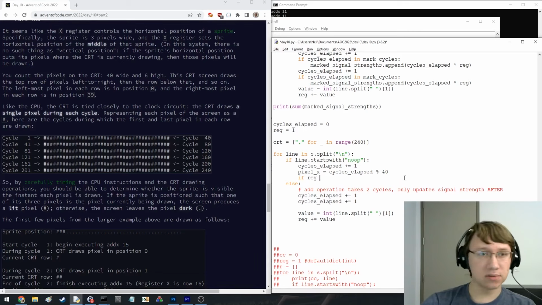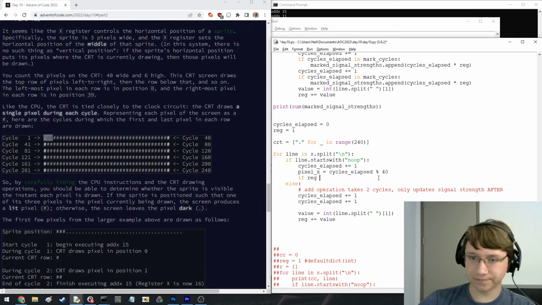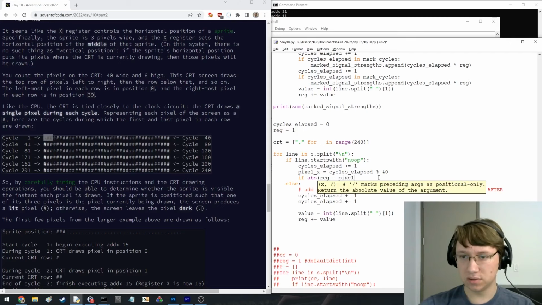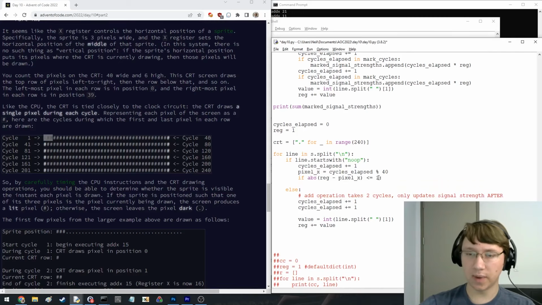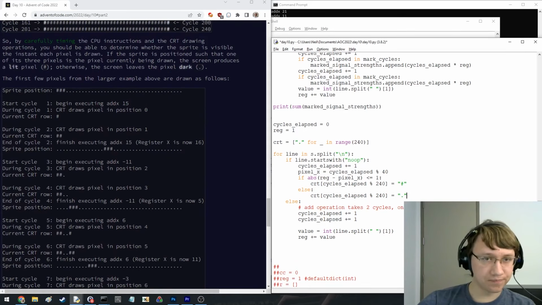If the register is, okay, so initially it would show these 3. If the register is within 1 away, we will paint it. Otherwise, we will turn it off. Cool.